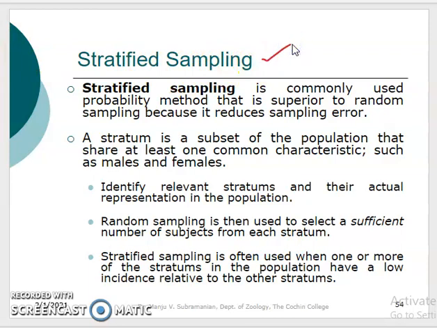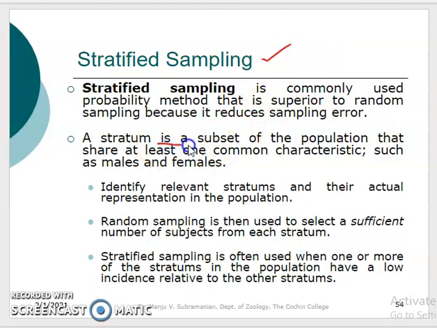In this method, first we divide the population into different subgroups known as strata, such that the items in each stratum are homogeneous. So we'll be dividing the individuals in a group into different strata, and then we will be using the sampling method. From each stratum, the items will be selected by the simple random method.